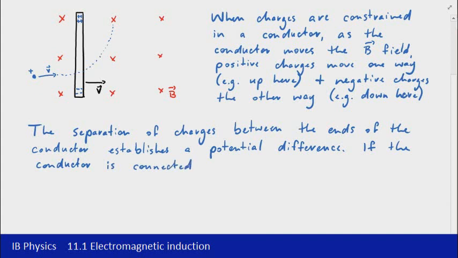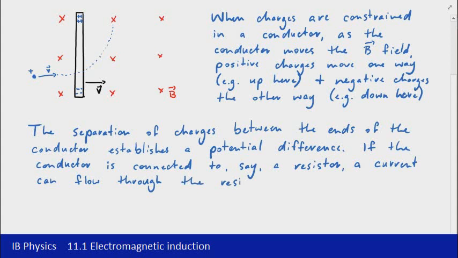So if the conductor is connected to a resistor, that then means that current can flow through. Those charges no longer will be separated. They'll be able to flow through the conductor itself, through the resistor. So the way to think about that in this scenario is to think about a conducting rail.